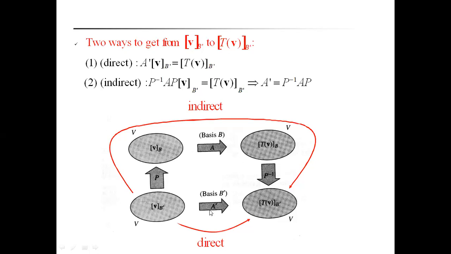The matrix of T is A here, by using the basis B. Here by using the basis B dash, we get the matrix of T as A dash.